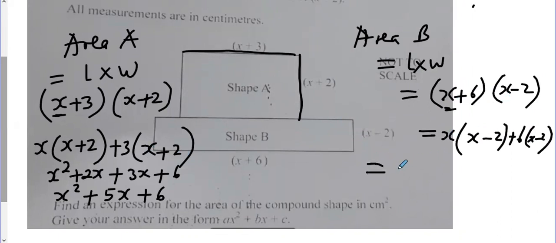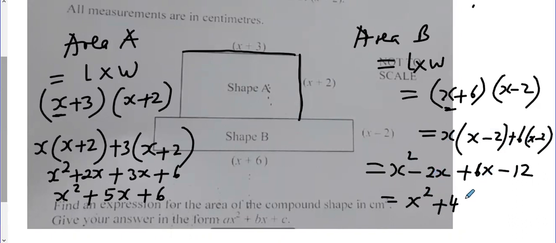So you're going to have x times x is x squared, minus 2x, and then plus 6x, and then minus 12. I'm going to repeat this part: x squared minus 2x plus 6x minus 12. So this will be equal to x squared, negative 2x plus 6x is positive 4x, then minus 12.